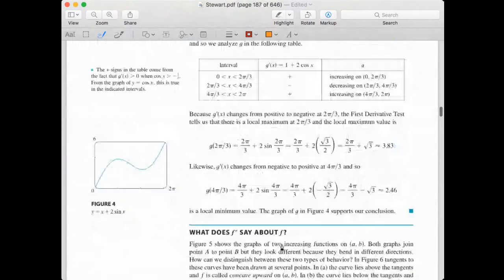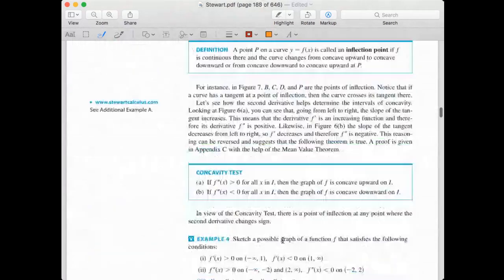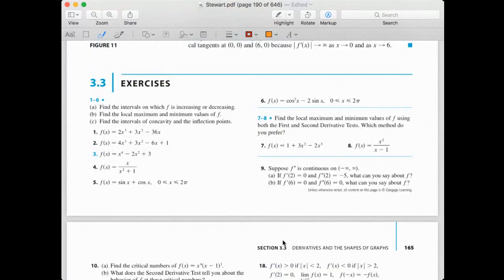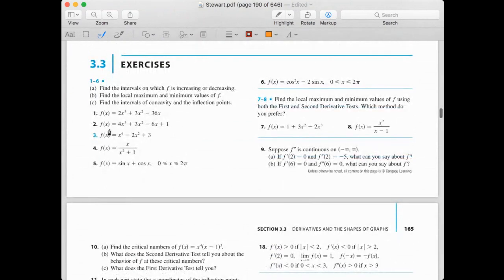Okay, I'm going to leave you some work for this. Find the intervals. So let's do 1 up to 5. All right, so this is for next class.